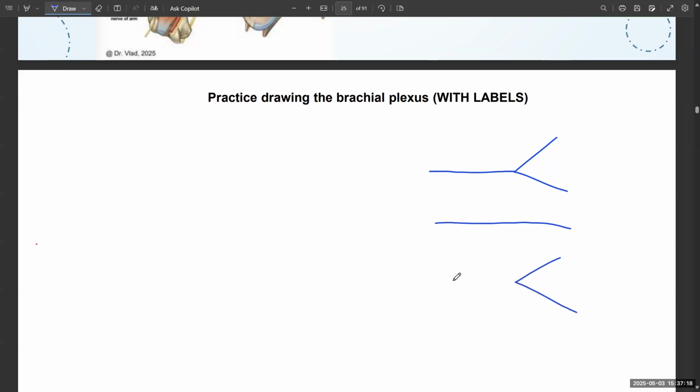So we start with like two V's and then we extend the V's, something like this, okay? And then we make two. Okay, actually, we'll come back to that. Now let's label this first. We have C5, okay? We have C6, and then we have C7, we have C8, and then we have T1, okay?